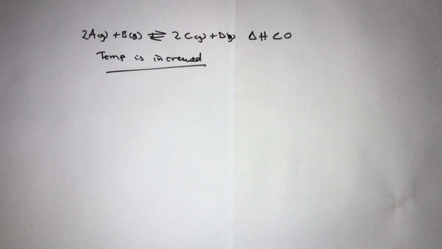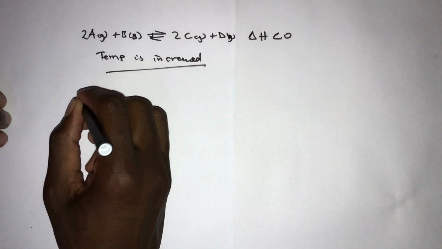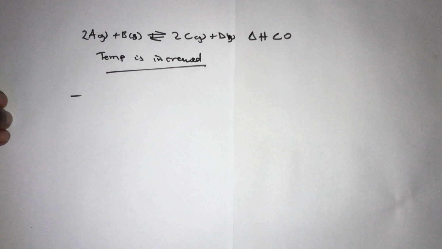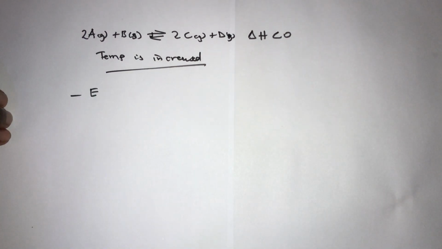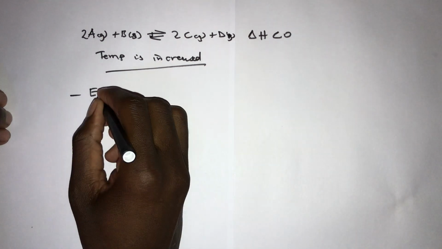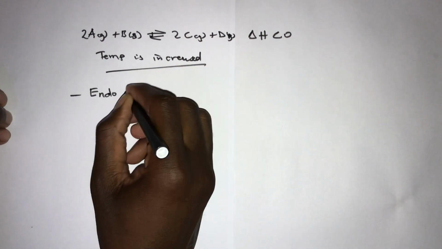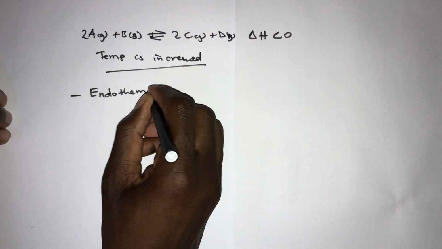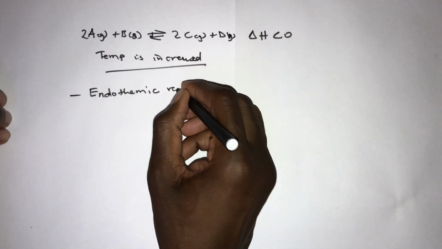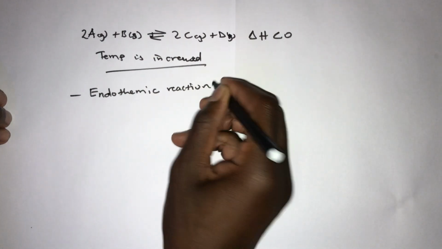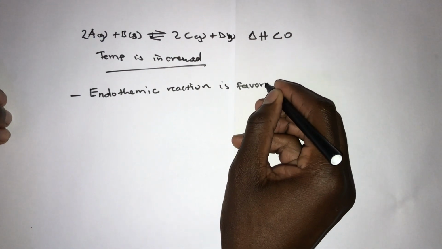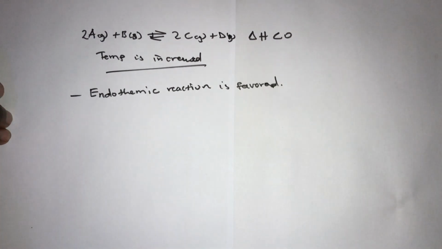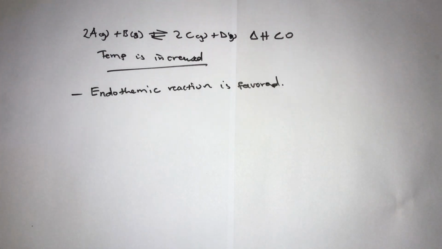Since temperature is increased, the first point is that once we increase the temperature, that is endothermic reaction. We don't negotiate. Endothermic reaction is favored. Before you say anything, endothermic reaction is favored.